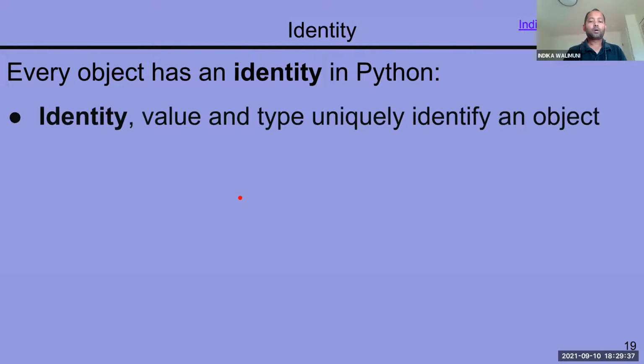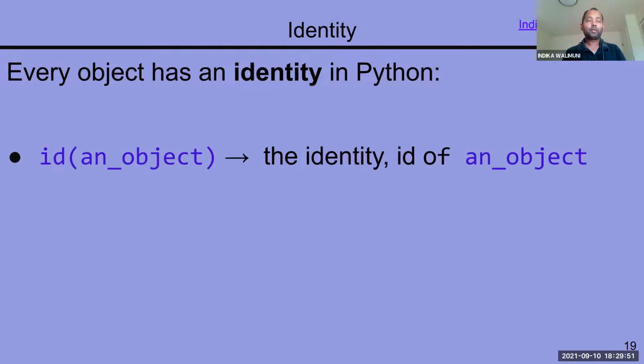Basically the identity, the value, and the type, all three uniquely identify an object in Python. So how do we find the identity? We use the id built-in function, and then we pass whatever object we have, and it returns the identity, which is the ID of this object.